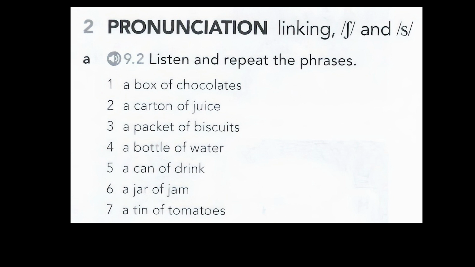A. 1, A box of chocolates. 2, A carton of juice. 3, A packet of biscuits. 4, A bottle of water. 5, A can of drink. 6, A jar of jam. 7, A tin of tomatoes.